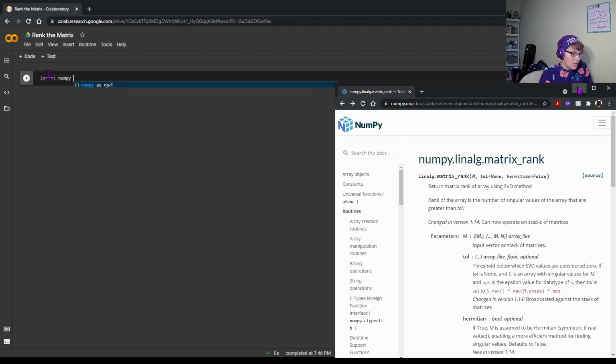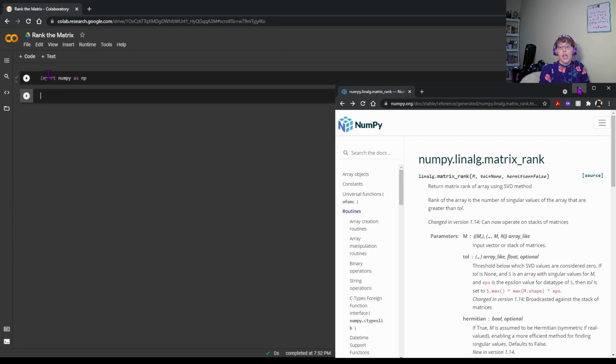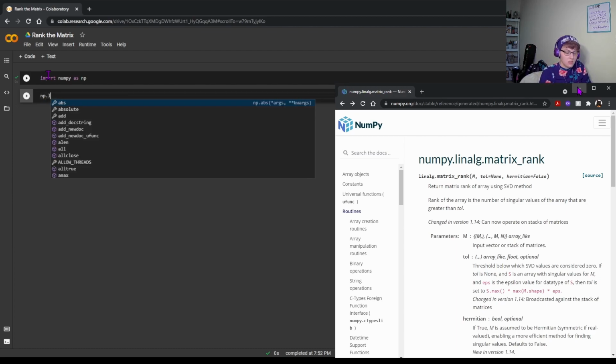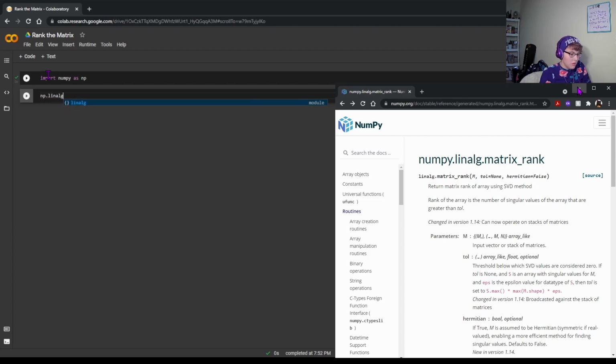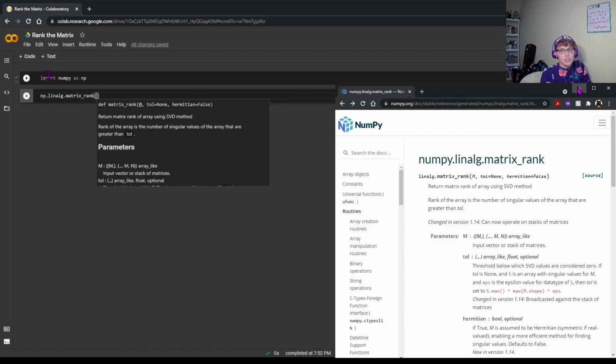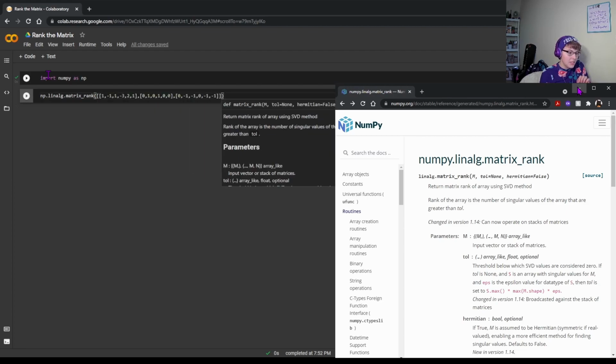So we will import NumPy as np. And as you can see, the matrix rank function is right here below me. So we will write np.linalg.matrix_rank, and I just copied our matrix into a notepad document, so I can just copy it in here really easily.